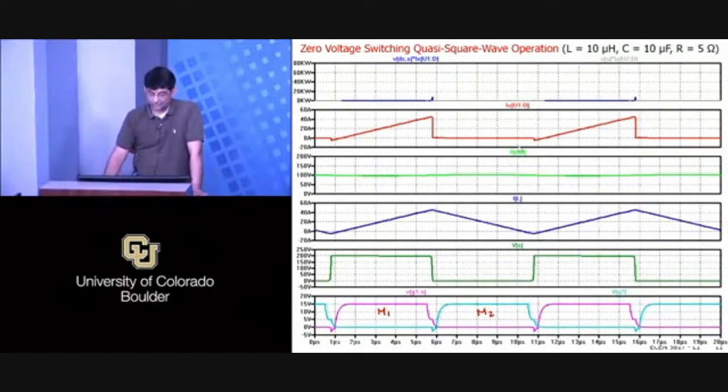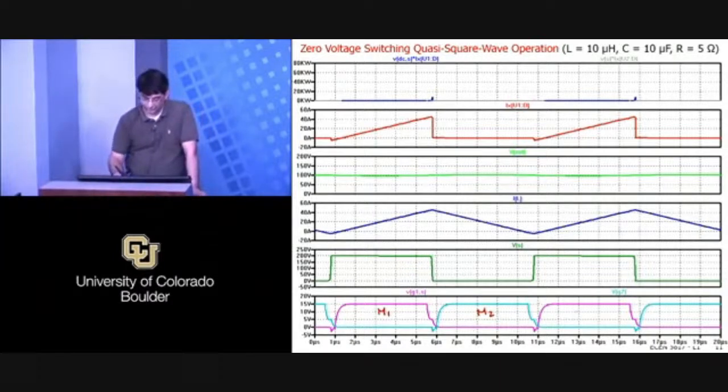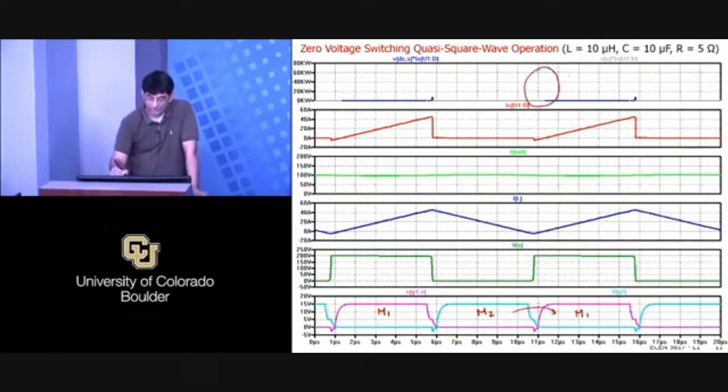But what's the big difference here? Look at the power, right? We used to have large spikes at the transition when we were turning on M1, right? So when we turned on M1 here, from the transition from M2 to M1, that used to be a big power spike.